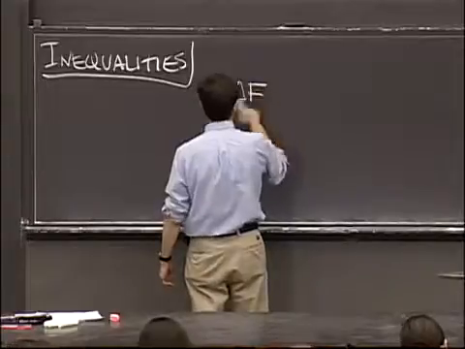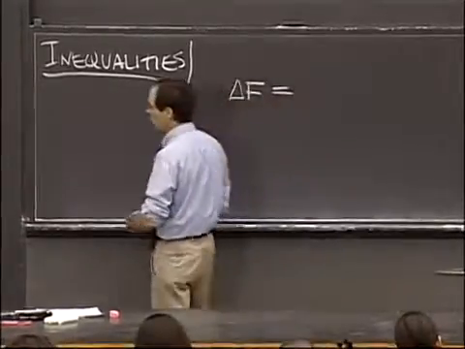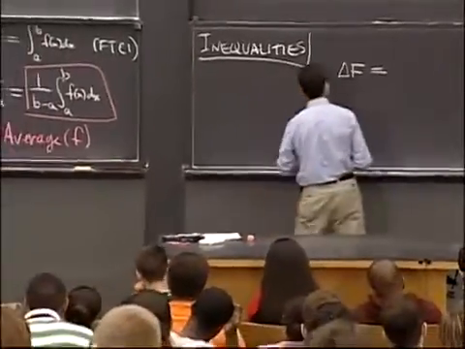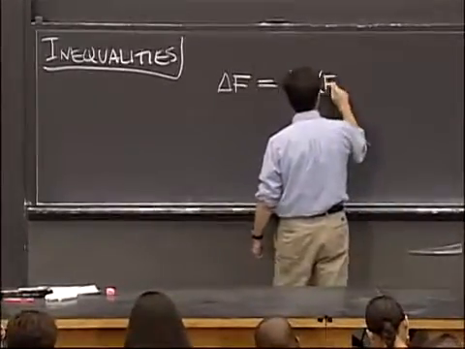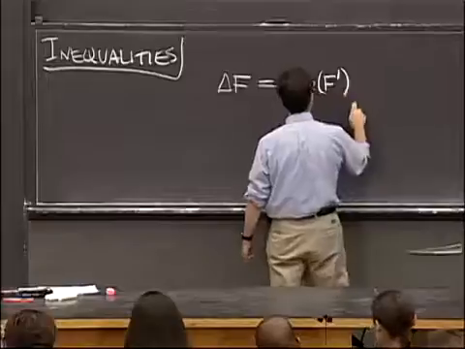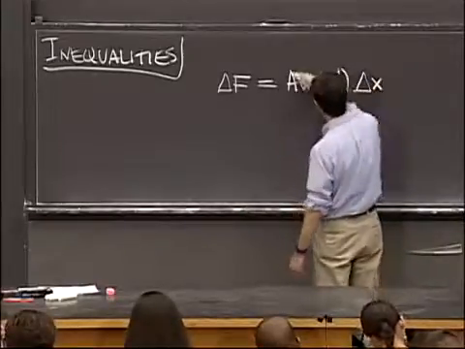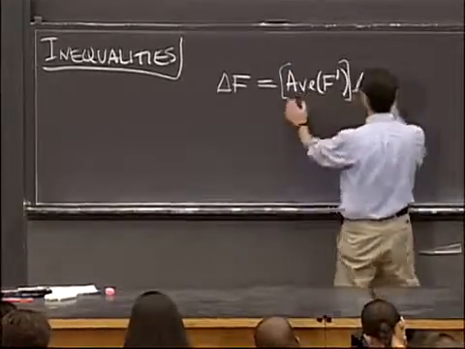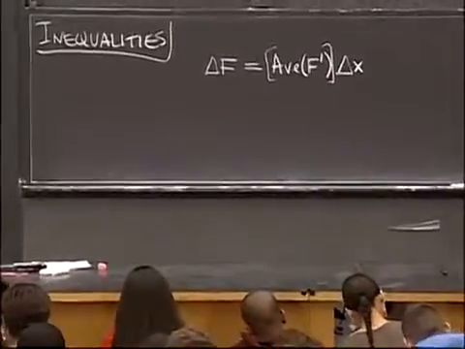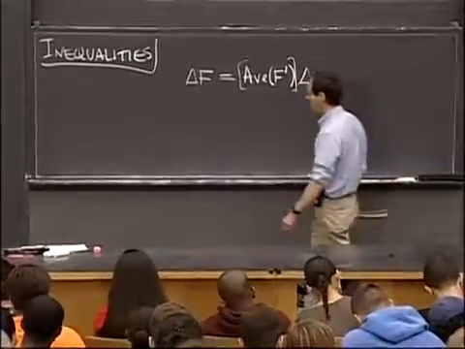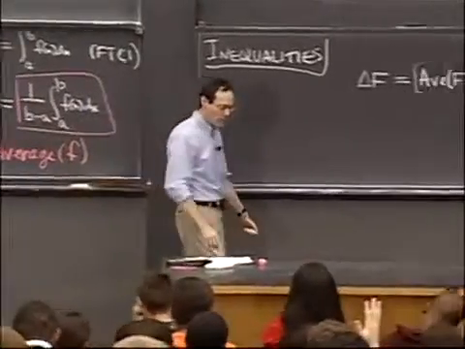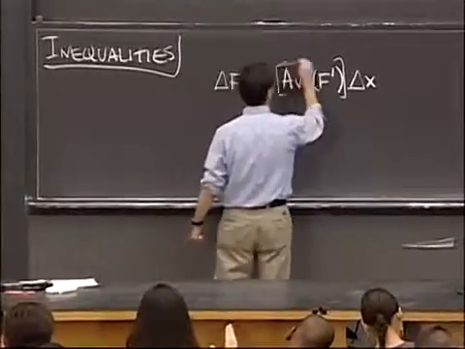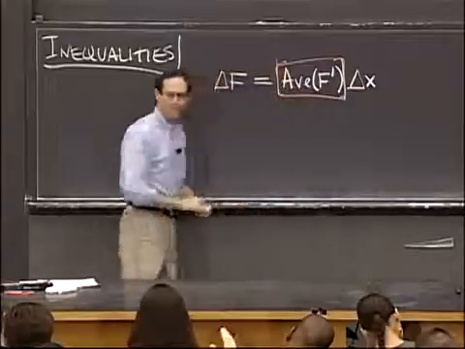It says that delta F in this notation is equal to, well, if I multiply by delta x again, I can write it as the average of f prime times delta x. So we have this factor here, which is the average of f prime, or the average of little f. It's the same thing. And then I multiplied through again. So I put the thing in the red box, right here.